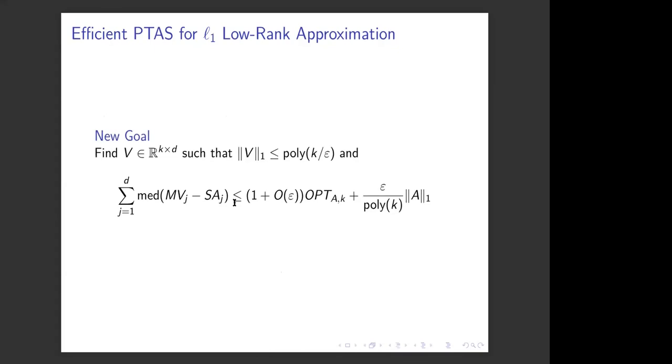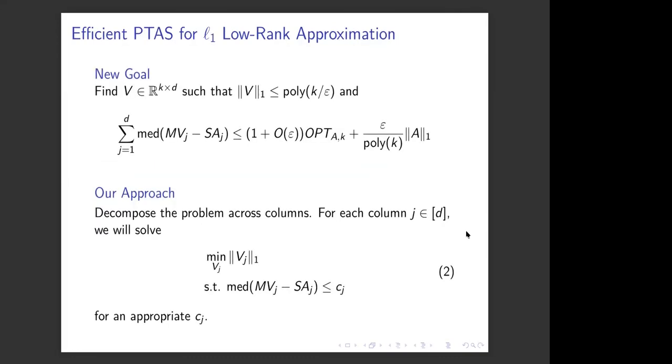One simplification we can make first of all is that we don't have to actually minimize this. Instead, we can just add the constraint that it's at most 1 plus O of epsilon times the optimum, along with some additive error. That's just a small simplification, because remember that we're okay with this additive error. Okay, so now how will we actually find the V sub j? We will still decompose the problem across columns, because that's the only way we know how to get FPT time.